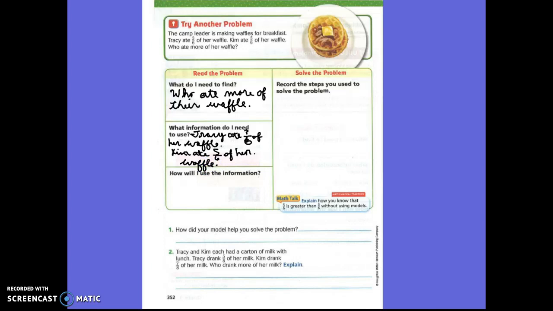Okay, how will I use this information? I will use fraction strips, yes.